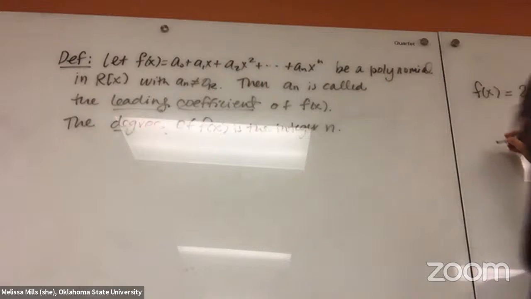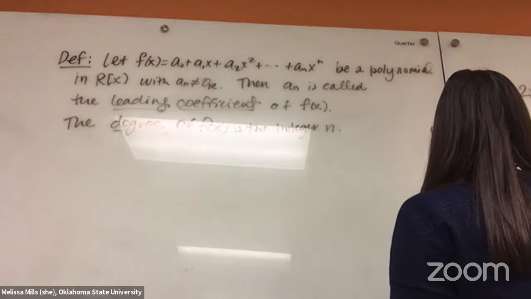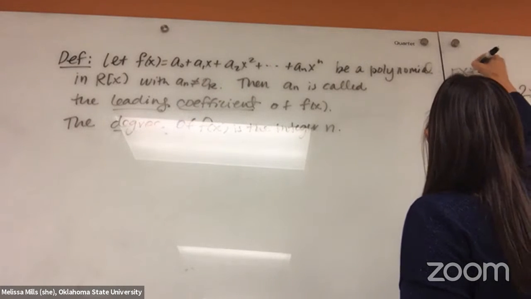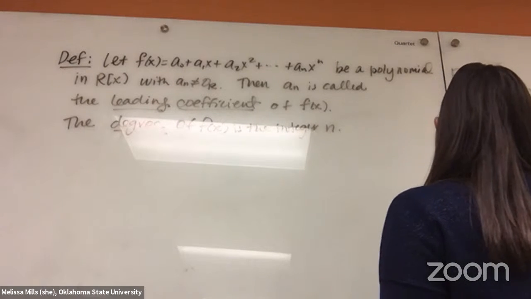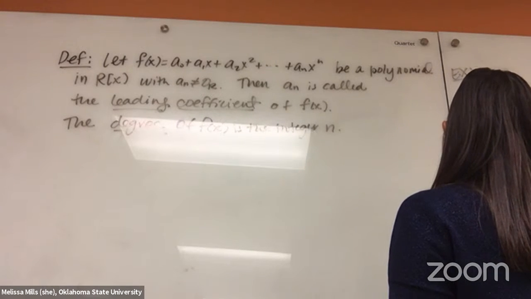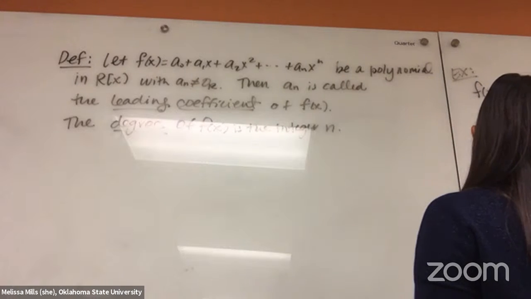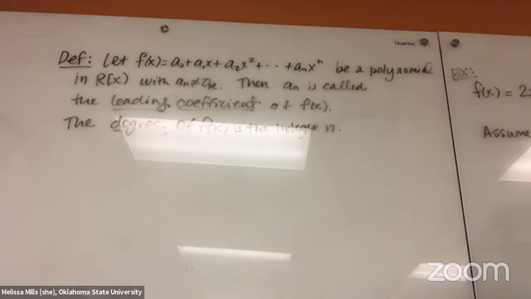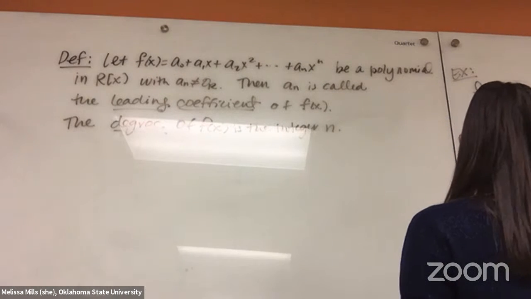So let's compute. We'll do an example. For the first one, we'll assume f, g, and h are in Z adjoin x. And we're going to compute.